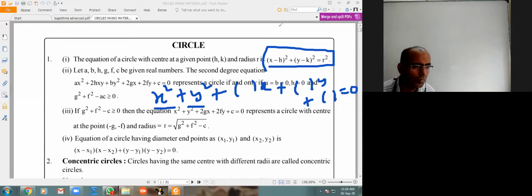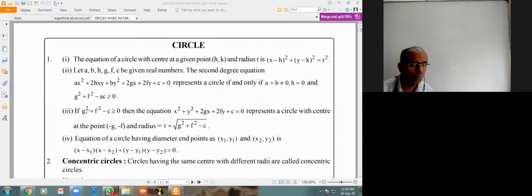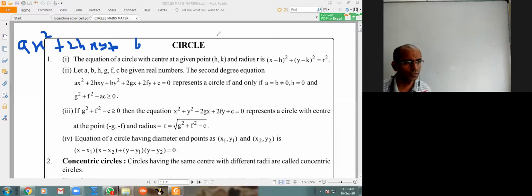We all know, both in intermediate first year and second year, or these 2 years of JEE Mains or Advanced preparation, especially in coordinate geometry, we are going to deal with this equation: ax square plus 2hxy plus by square and so on.